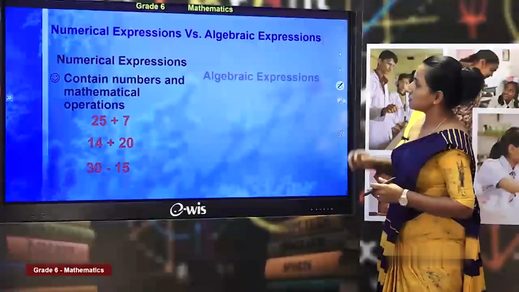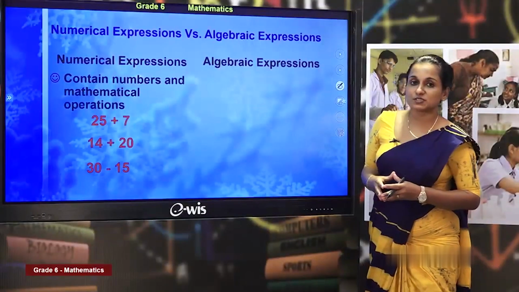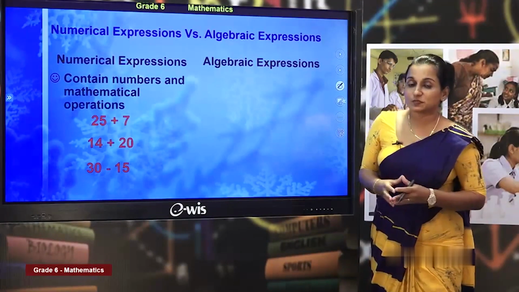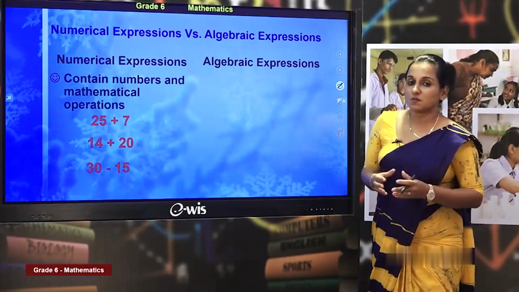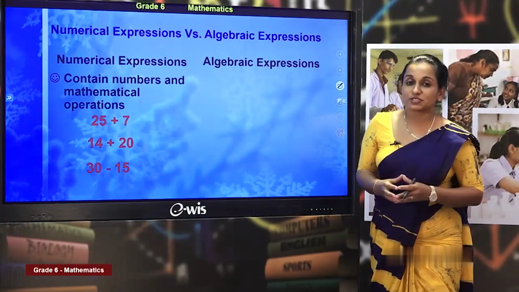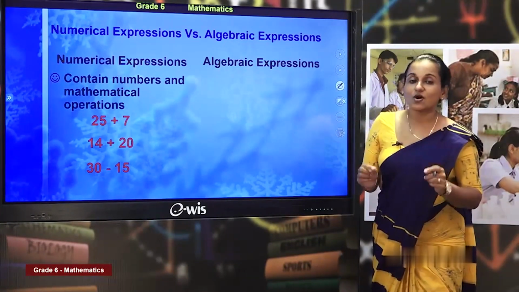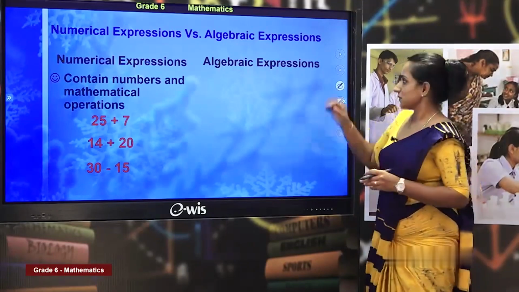Then we talked about algebraic expressions. Algebraic expressions contain numbers, mathematical operations and also algebraic symbols.